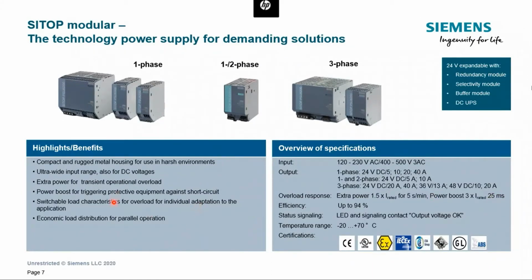This is very useful to trigger protective equipment when a short circuit happens. In short circuits, you expect the current to go really high, and this enables the power supply at least to react within that time. And of course, besides the LED, it has a signaling contact for the voltage.